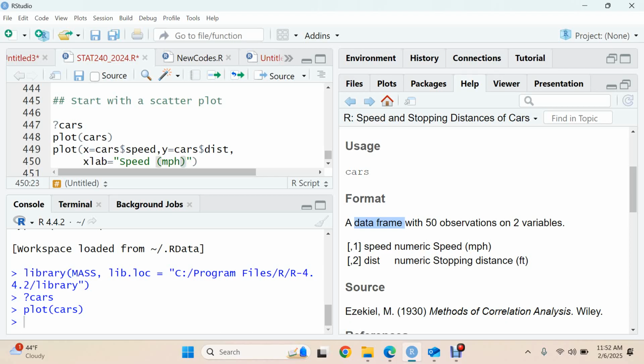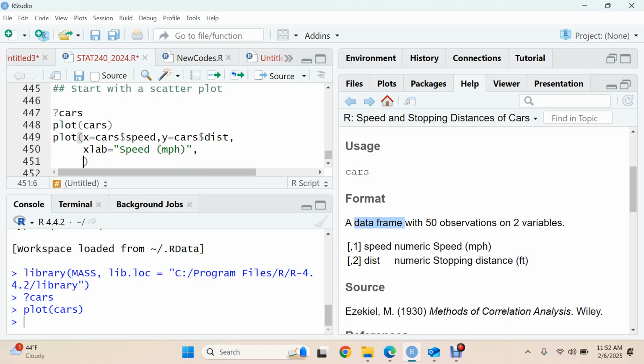Then what about the ylab? Ylab will be what? Distance. It's actually braking distance or stopping distance. So you write stopping distance, and that stopping distance is in what? In feet. So you put it like that.